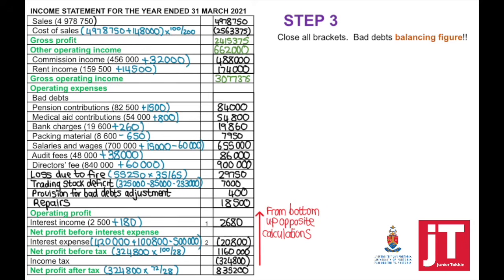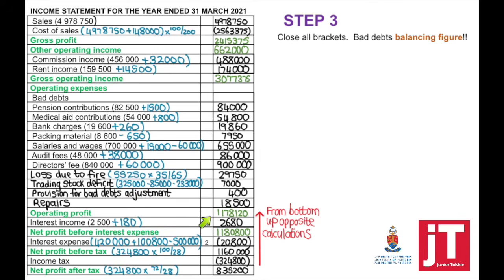If we look at the net profit before interest expense, to calculate that, we're going to take the net profit before tax plus interest expense equals net profit before interest expense. Opposite calculations. To calculate the operating profit, we can now take the net profit before interest expense, and now we need to minus the interest.